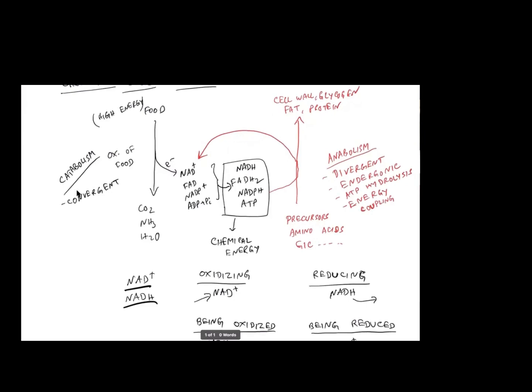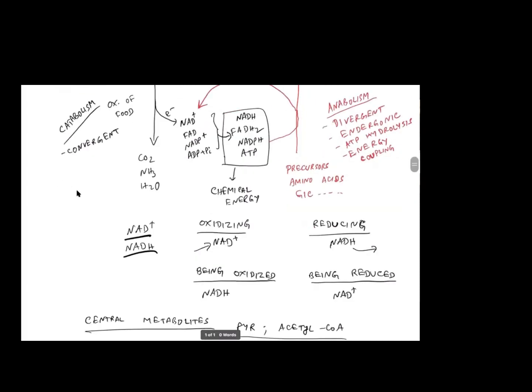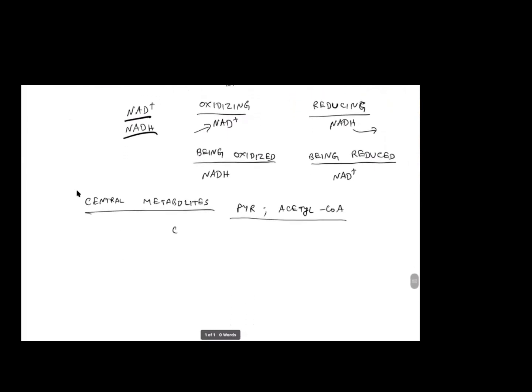ATP hydrolysis provides the energy needed to make anabolic processes occur in an overall exergonic manner. Individually the anabolic process is going to be endergonic, but that's not going to happen. So you need energy to give, and that is coming from ATP hydrolysis. We're going to see examples of the energy coupling concept.